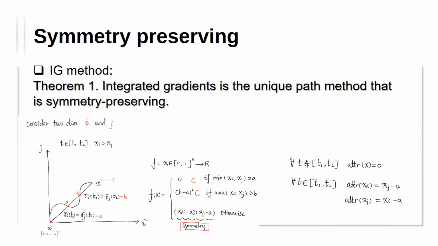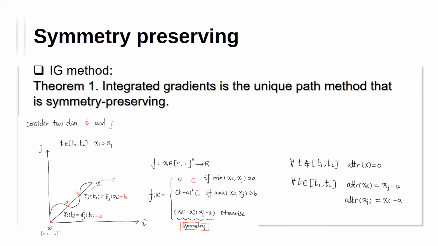For an input, we might have a lot of dimensions, but for simpler explanation, we can consider only two dimensions i and j, chosen randomly, but the idea is the same for all the dimensions.